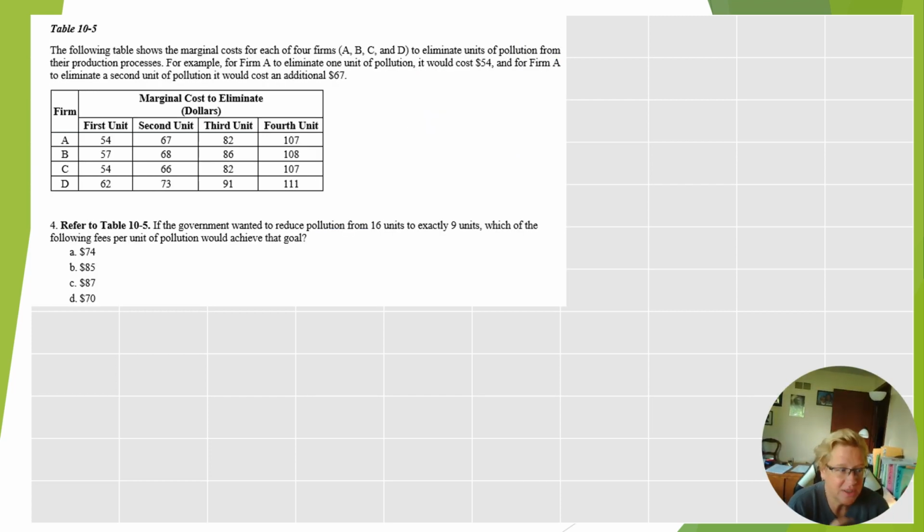Okay, so this particular problem, number 4, is one of these where it's intuitive to me, so I always have to slow down and make sure that I'm explaining it well. Here we have a chart that shows the marginal cost for each of firm A, B, C, and D to eliminate pollution.